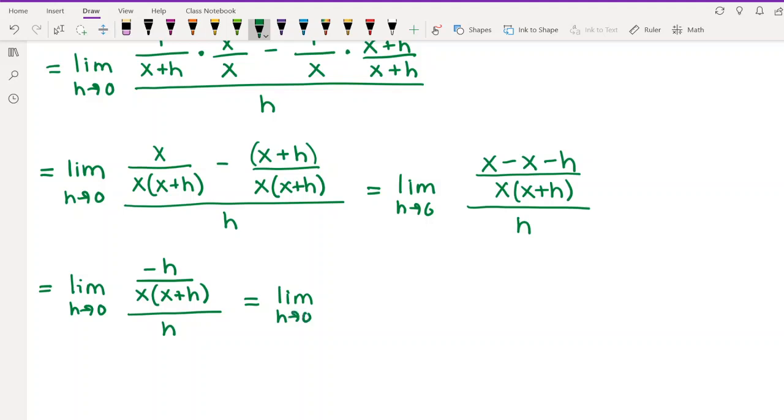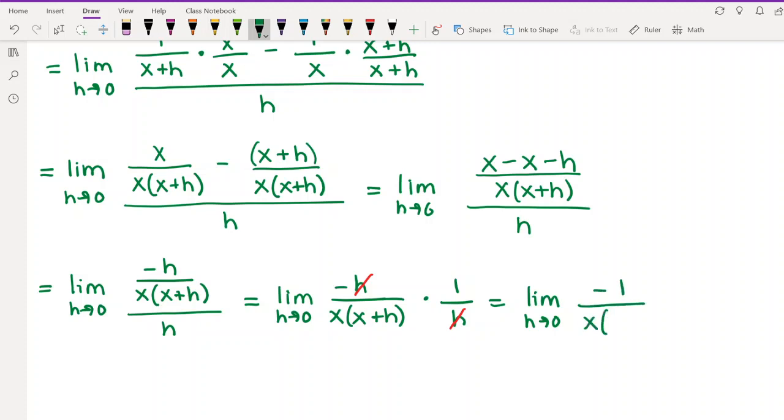The next step is to rewrite this division as multiplying by 1 over h. Now we can cancel out this h and this h. And so we're left with the limit as h approaches 0 of negative 1 over x times x plus h.